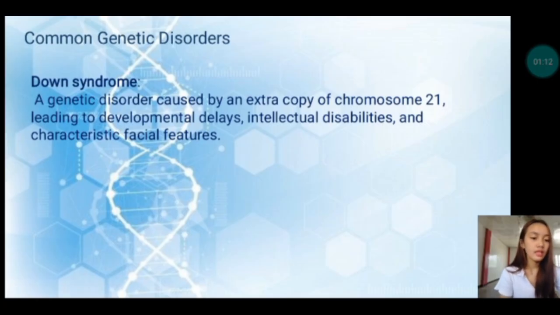Instead of two copies, the person gets an extra copy of the chromosome. This extra copy affects development and leads to symptoms like developmental delays, intellectual disabilities, low muscle tone, and facial features like a flat nose and almond-shaped eyes.